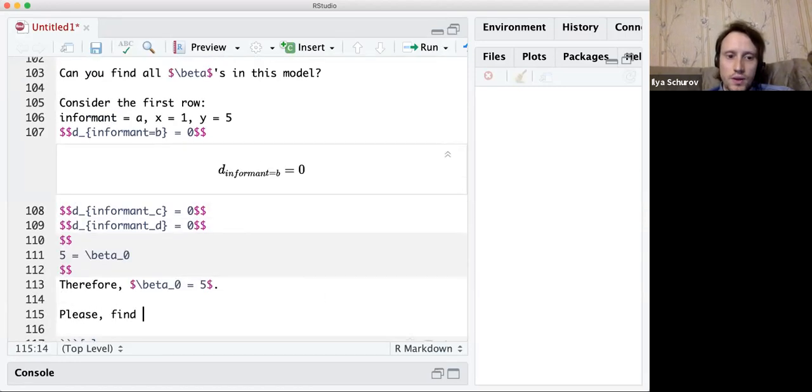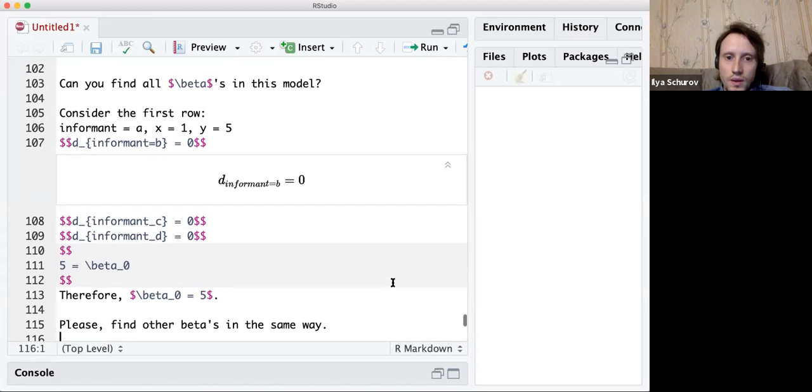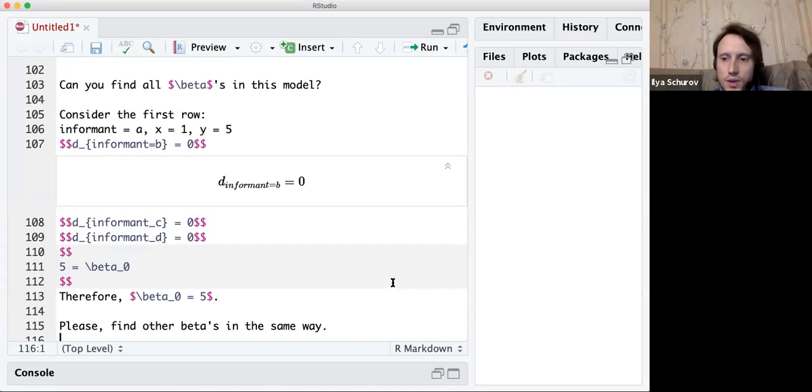So please find the other betas in the same way. This is a simple exercise, but it is really important.